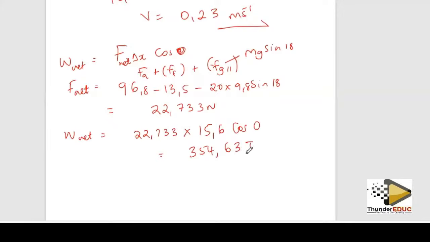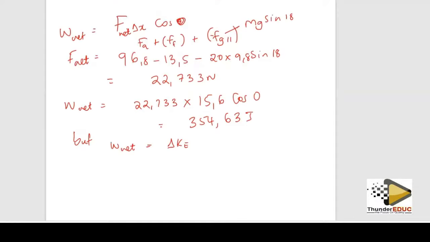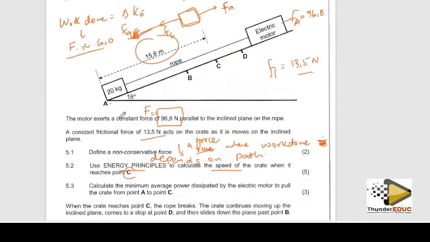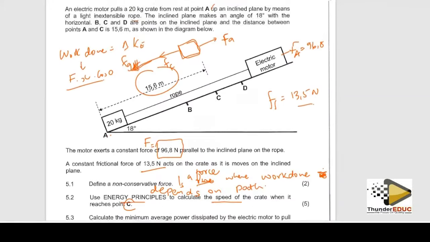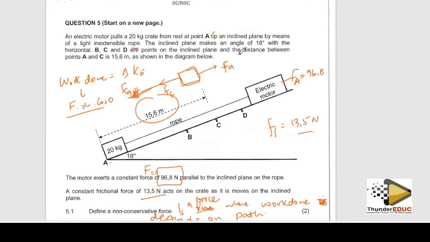These are joules. But we're saying net work done is equal to the change in kinetic energy. So initially, the question was specific and told us that the initial velocity was at rest, or 0.